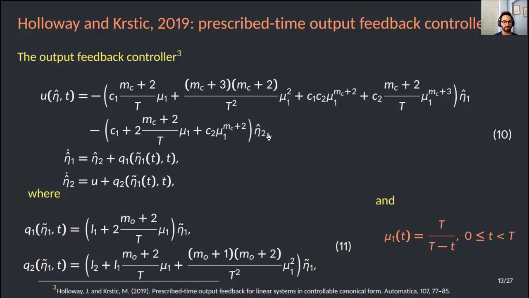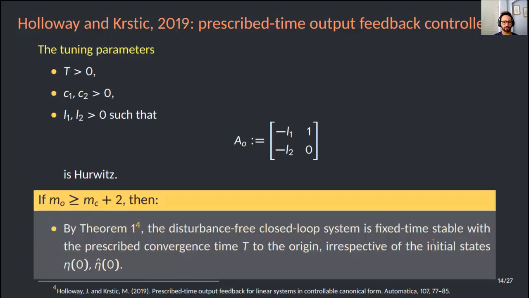The synthesis of this output feedback controller 10-11 includes the use of this time varying gain mu1, which as we can see here, is defined in the time interval 0 to capital T and escapes to infinity as time approaches the final time capital T. Tuning parameters of this controller are capital T, the upper bound on the settling time function of the closed loop trajectories, and these constants that should be selected as I'm showing here for this matrix, for instance, to be Hurwitz.